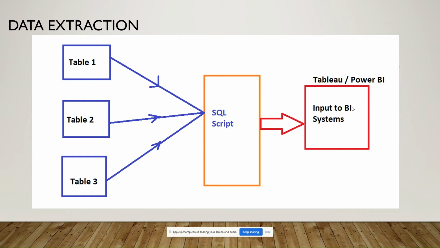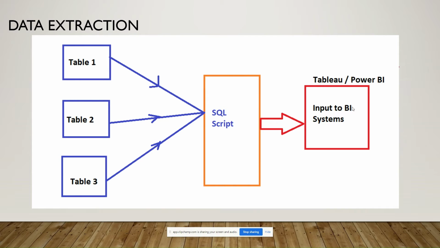Then why do we need SQL for data extraction? There could be many scenarios where we may need to limit the data on some conditions before getting the data inside the BI tool. In that case, SQL would be the best option.